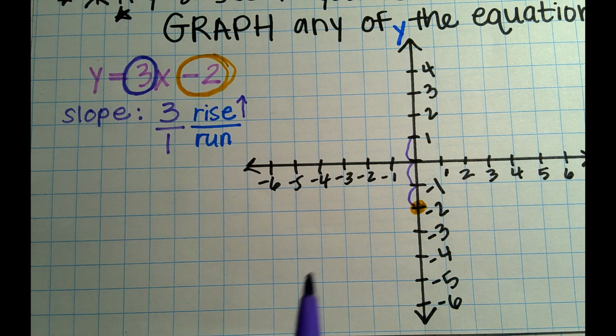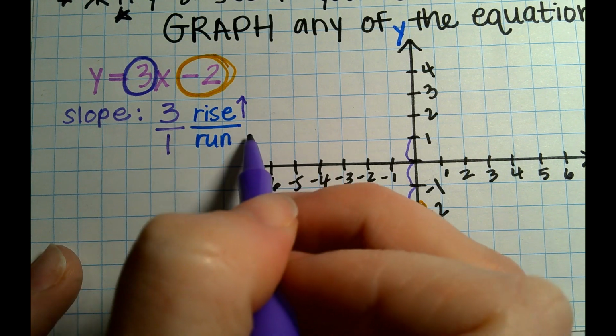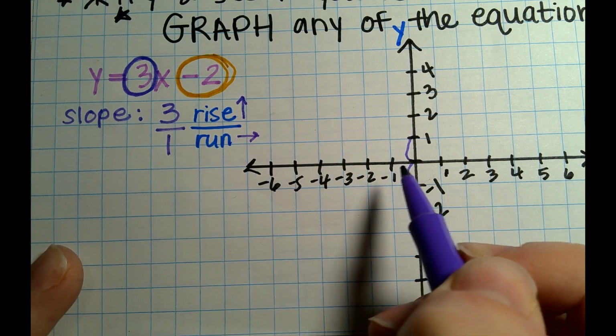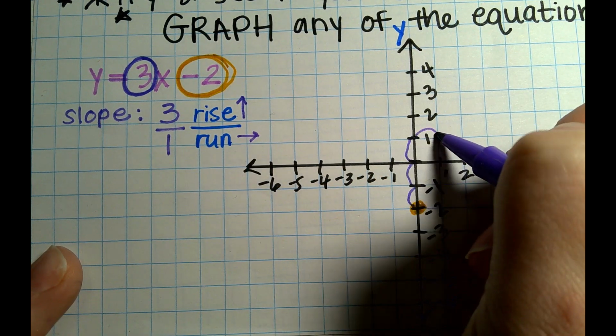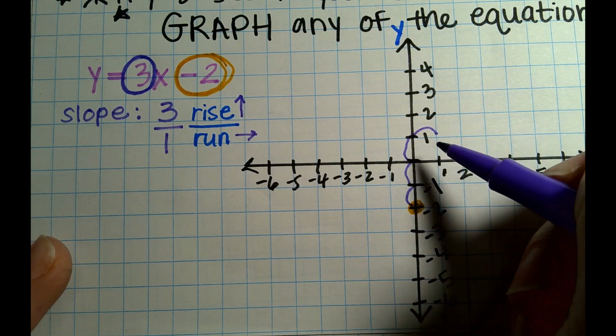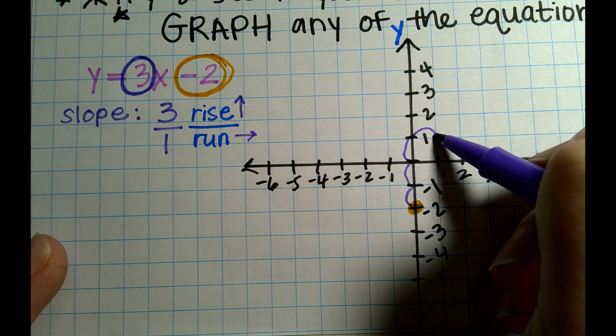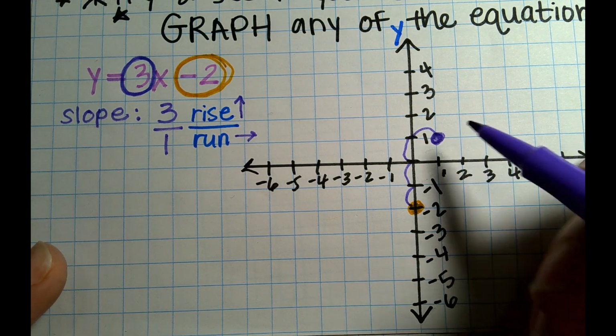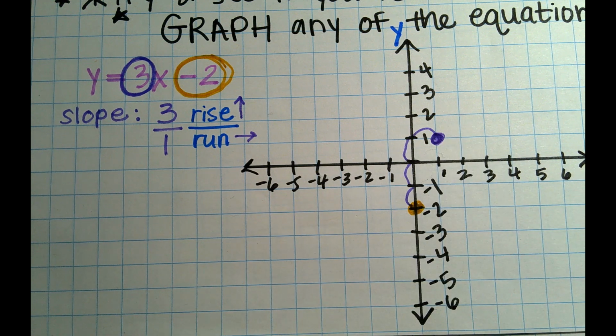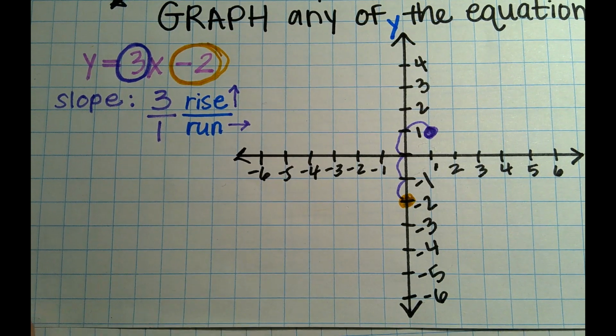Now where do I go for my run? Over 1 to the right. Right there. So this is the second point on my line. I went up 3 over 1, just like my slope told me. And from here, we just connect the dots.